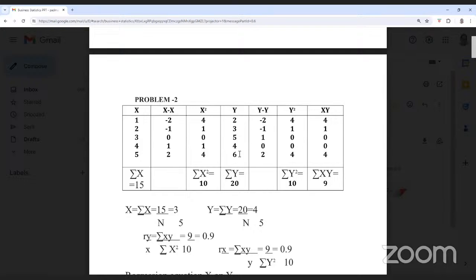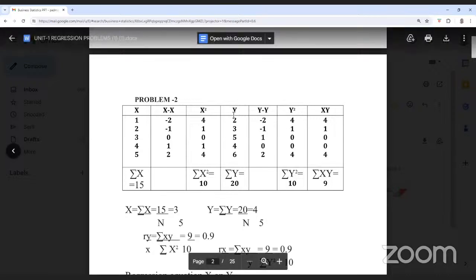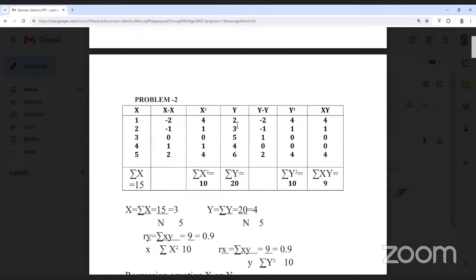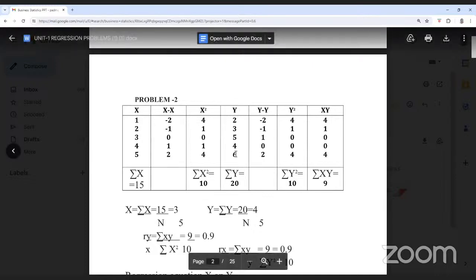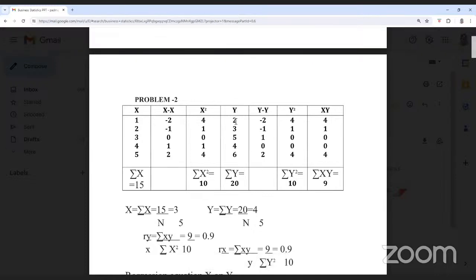Now we have to see the y. Same, y minus y mean. The y mean value is sigma y divided by n. Sigma y is 20, divided by the number of observations, which is 5.